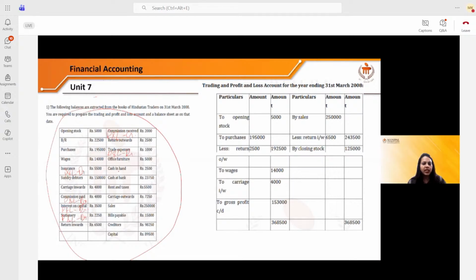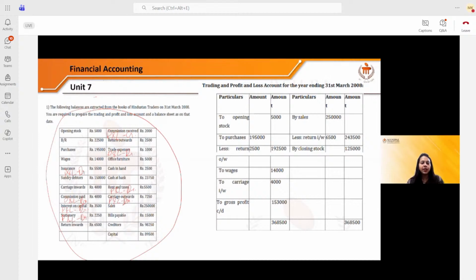Office furniture, no. Cash in hand, no. Cash at bank, no. Rent and tax, yes, debit side. Carriage outward, yes, because it is indirect expenses, debit side. Sales, no. Bills payable, no. Creditor, no. Capital, no.